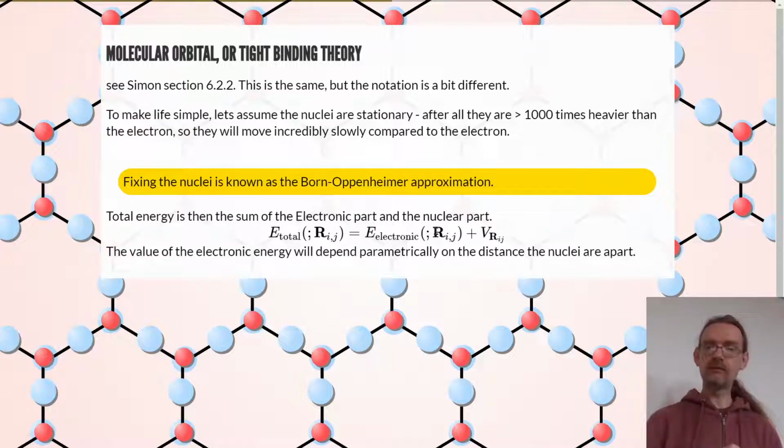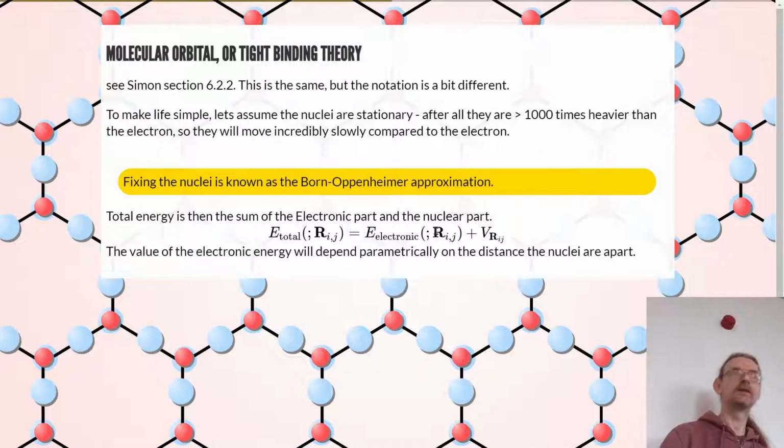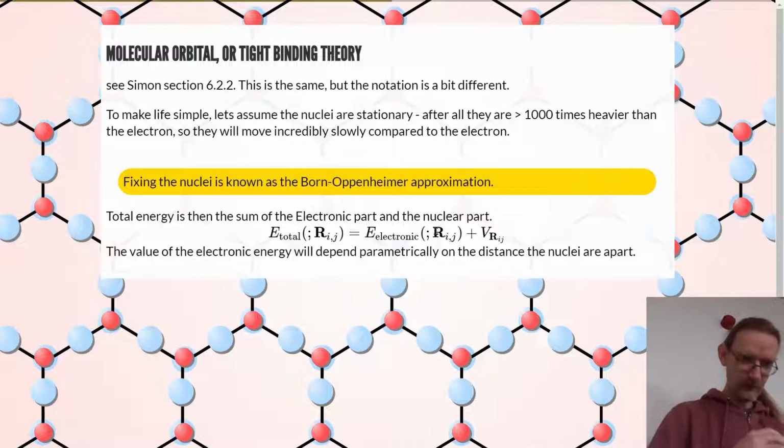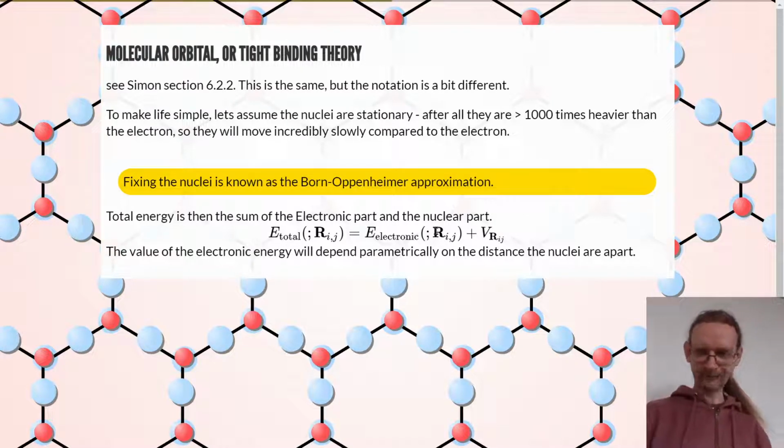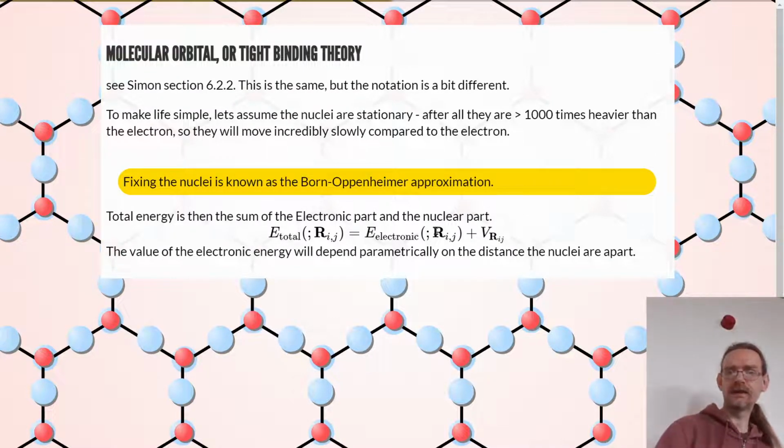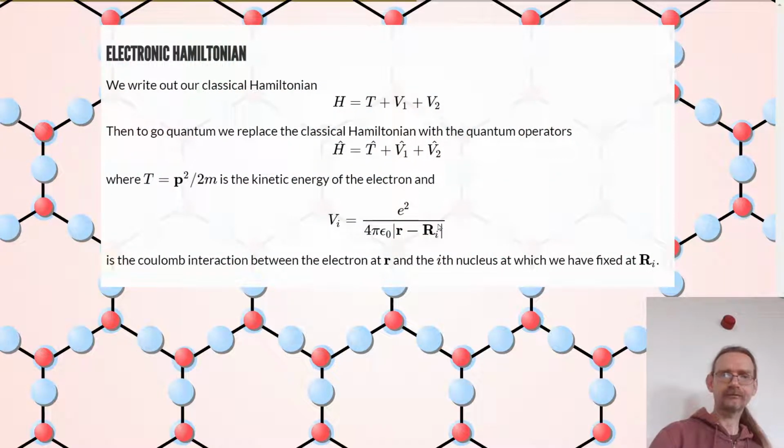What we're going to assume, and you can make it more mathematically correct, is that the nuclei are really, really heavy. They're basically stuck in place, and the electrons get to do their thing, assuming the cores just sit there and provide an interaction.